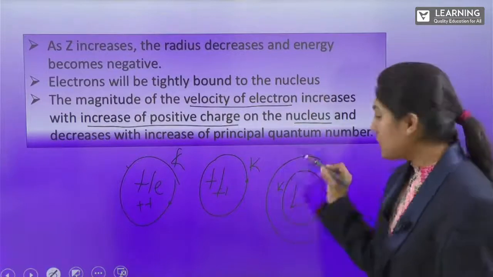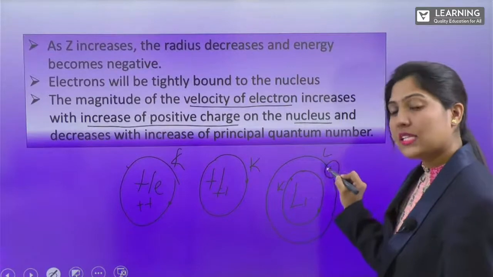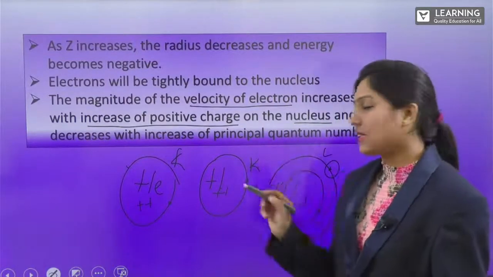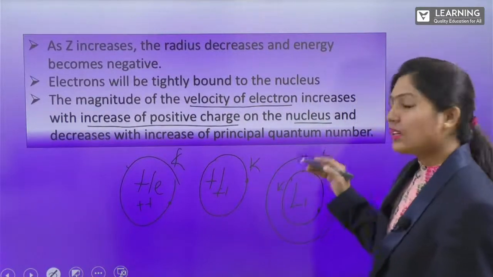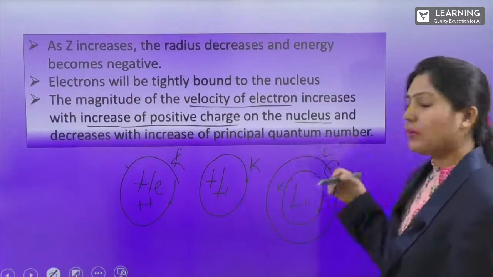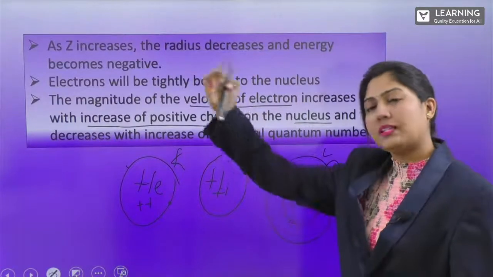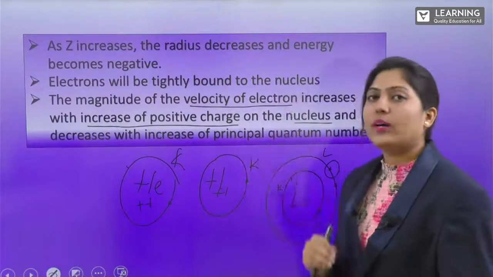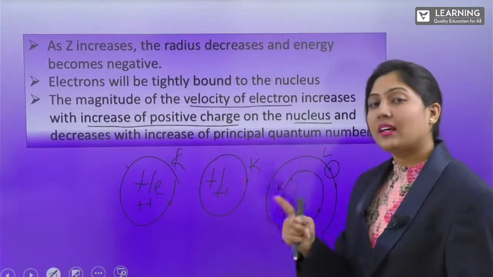Now, the velocity of the electron present in the L shell will obviously be less than that of the electrons present in the hydrogen K shell. Why? Because the principal quantum number is increasing. For K it is 1, for L it is 2. As the orbits increase, the electrons present in that orbit will have lower velocity. Understood? But you need to remember they have the higher energy level state.